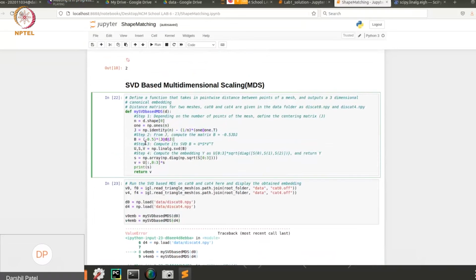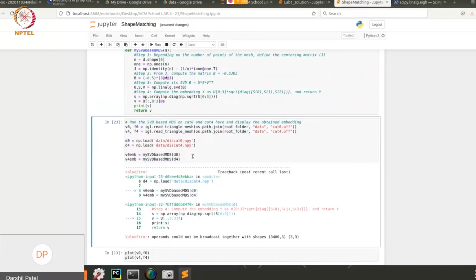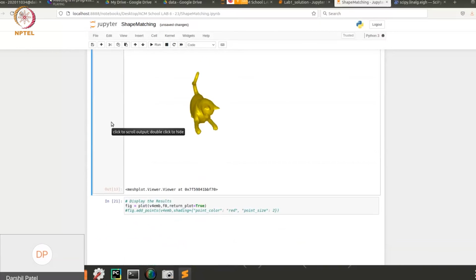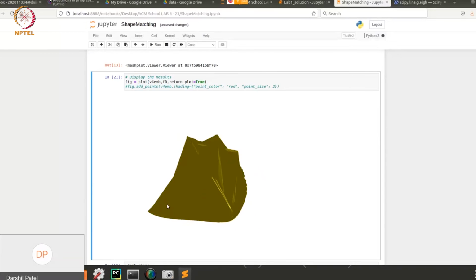And then this is the B matrix, and then I am finding the SVD, U, S and V. This S contains the first three eigenvalues, and these are the first three eigenvectors, multiplied by this 3 cross 3 diagonal matrix. Instead, I am getting this result for the mesh.